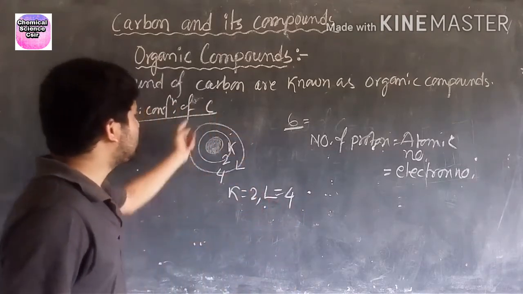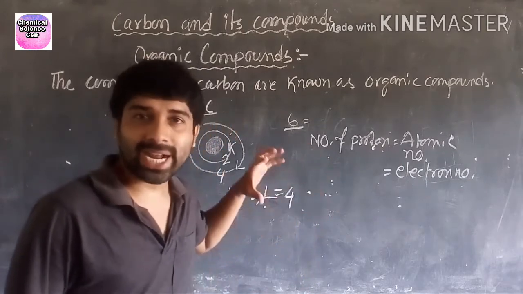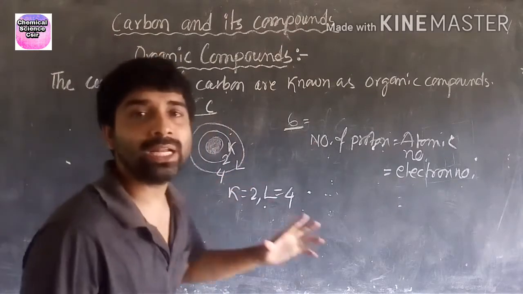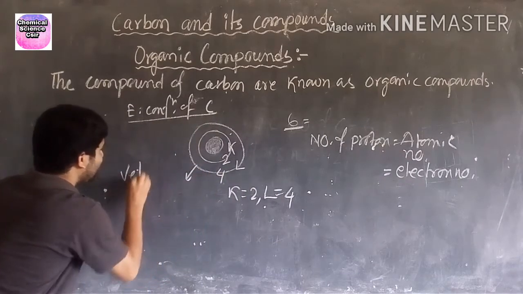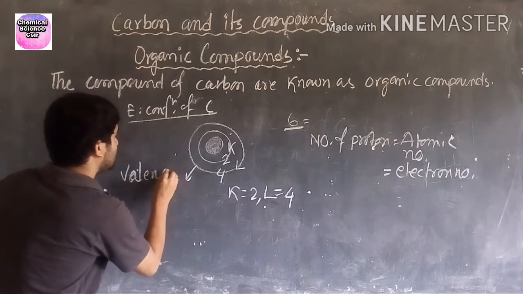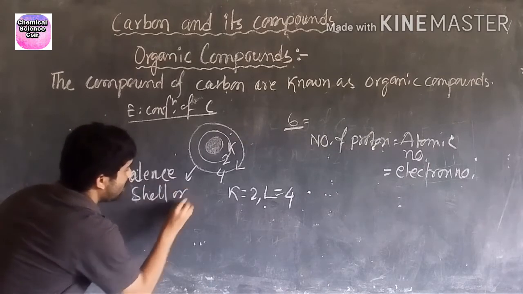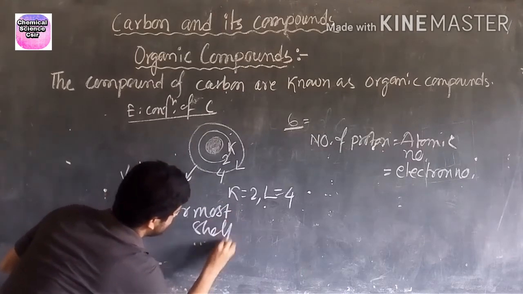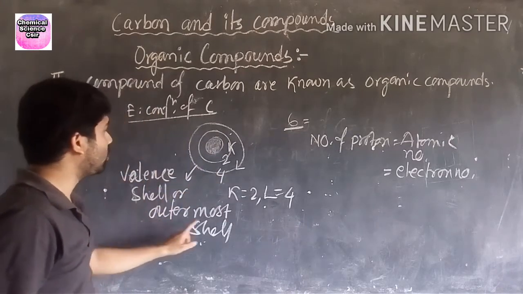Then the L shell is the valence shell, or the outermost shell.